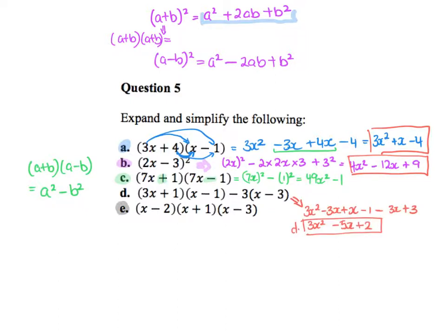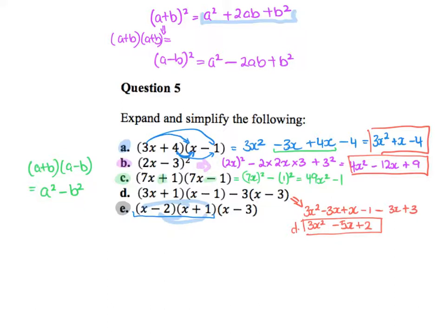Okay, this last one, E, I'm going to do with you. Now you just need to do it step by step. So I'm going to expand this bit first, and then I'll expand my answer with the next one. When we expand, we go x times x, then x times 1, and then we do this way and that way.